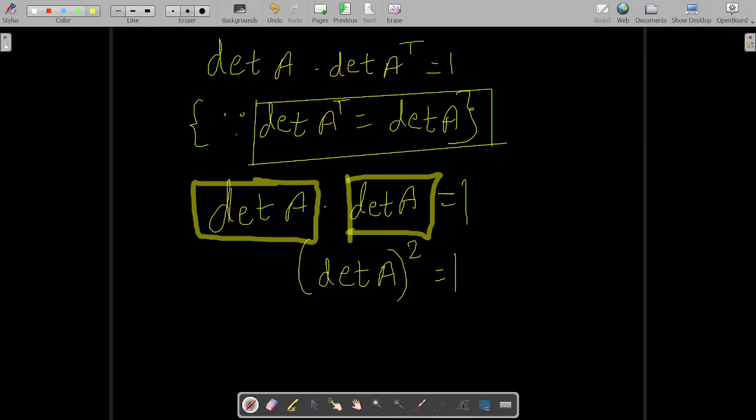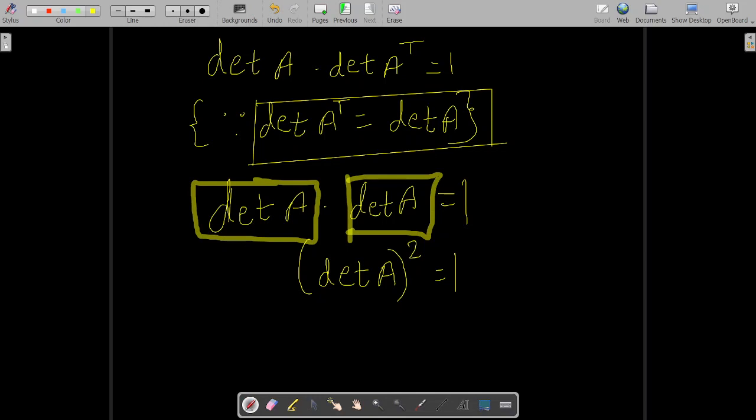Never make the mistake in the exam of writing determinant squared A squared. It is not like that, because determinant of A is one whole number, a single entity. You can't write it like this, it is completely wrong. So never make this mistake in the examination.